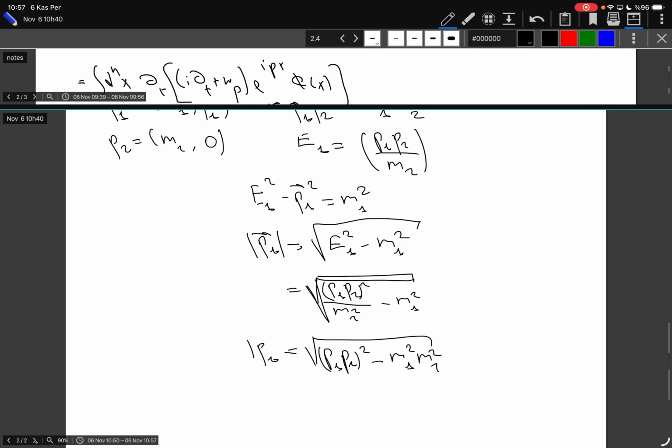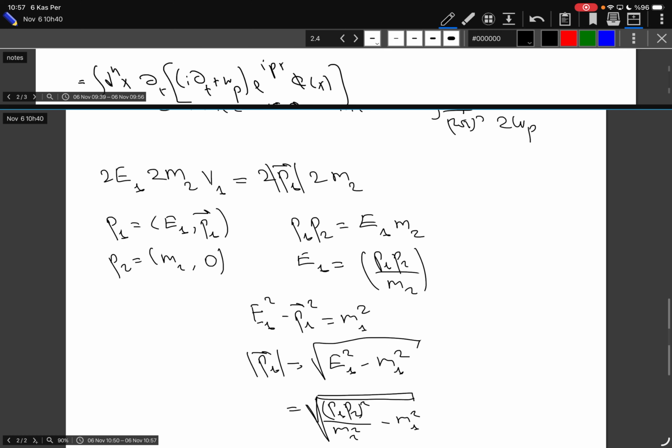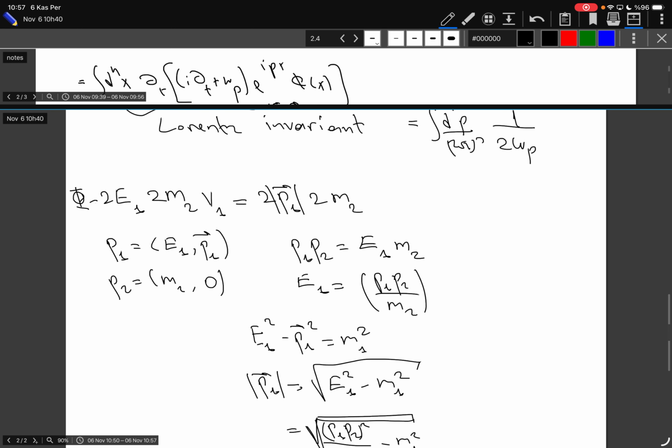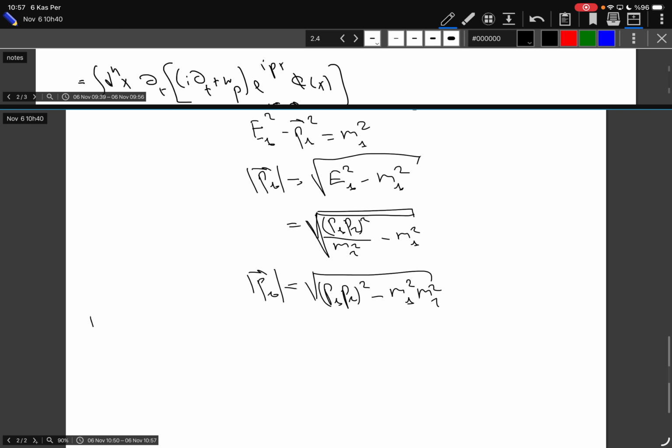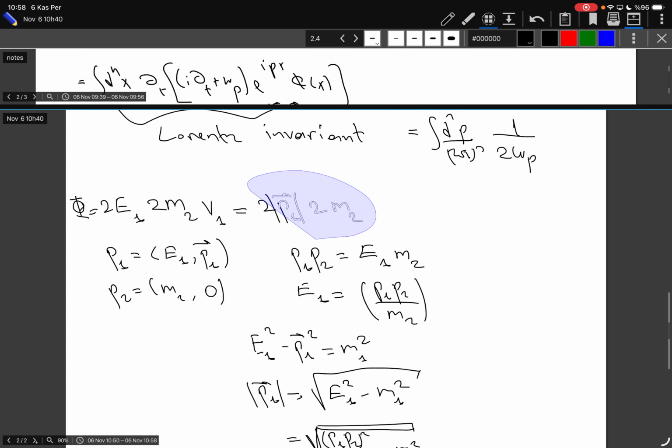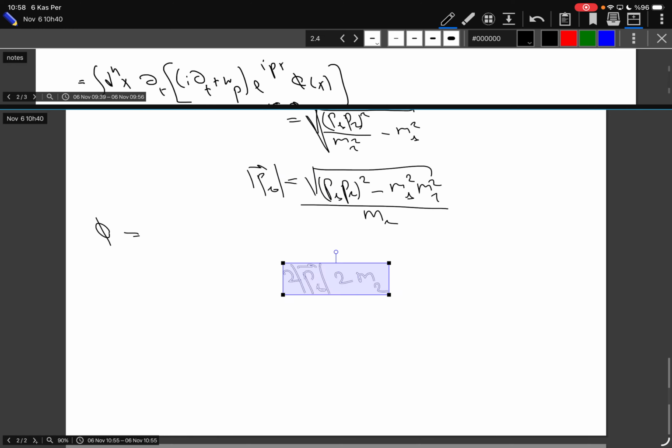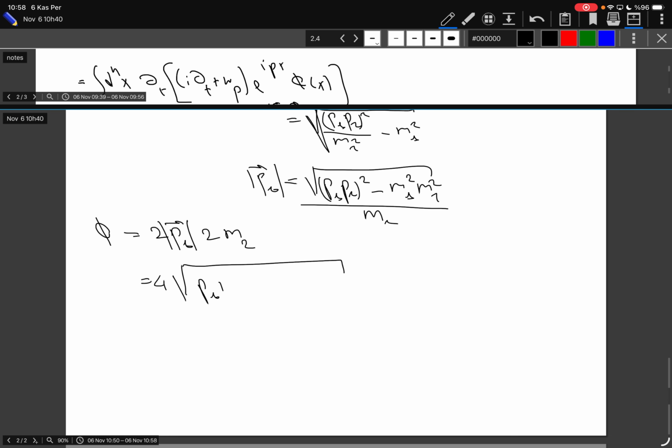This is my P1. Well, what is my flux factor? Remember, this is my flux factor. The flux factor is nothing but 4 times the square root of (P1·P2) squared minus M1 squared M2 squared. This is the incident flux when I'm colliding two particles. Note that this is Lorentz invariant.